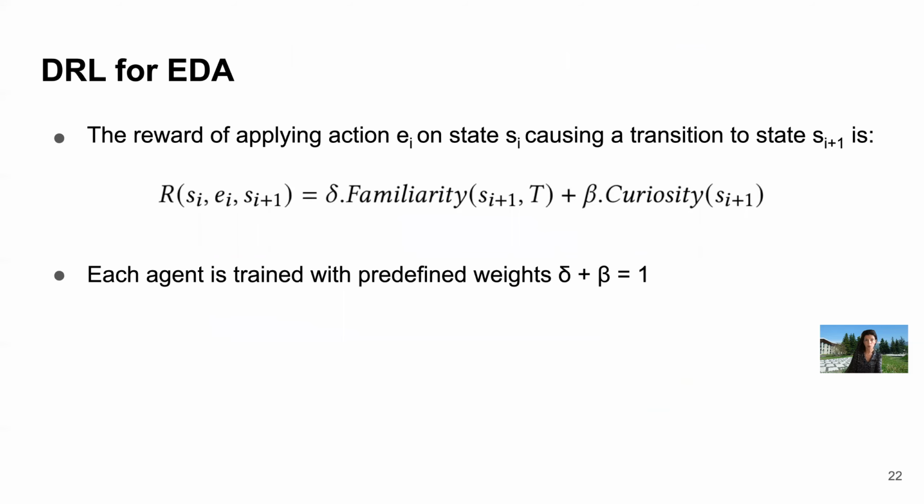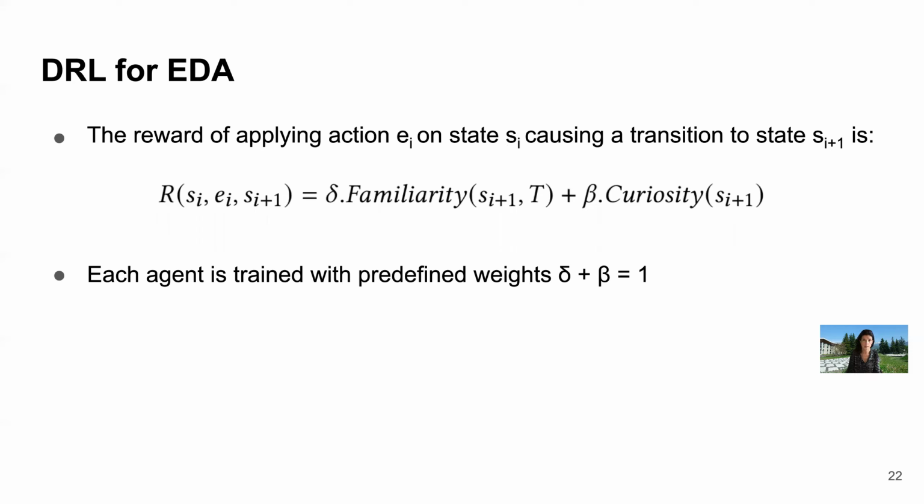So the reward that was defined within DORA combines two dimensions, familiarity and curiosity. The idea here is that you want to take a tour of the data. We're defining a notion of reward for training agents on the basis of letting them explore new states.